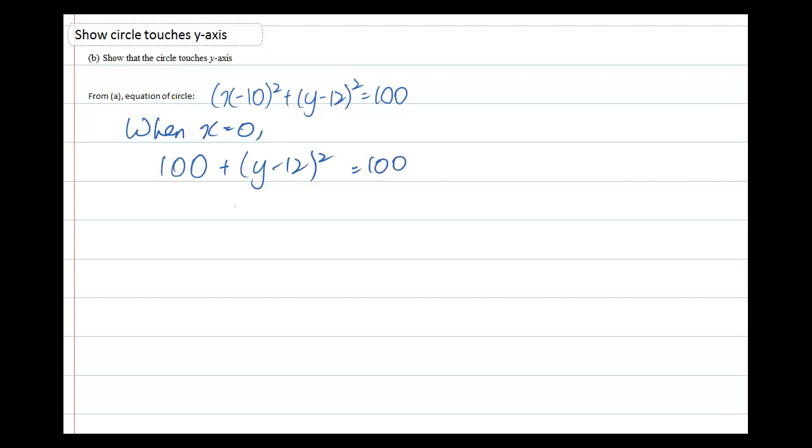So this is the equation that we will end up with after simplification.